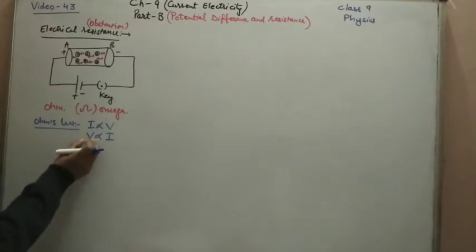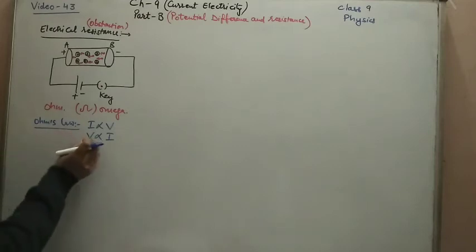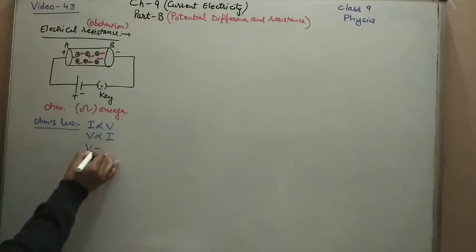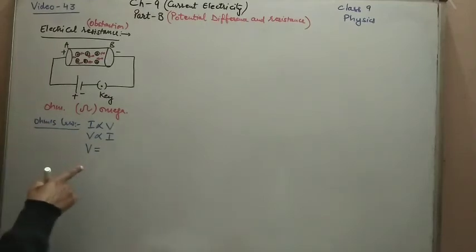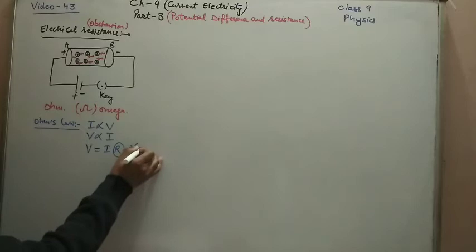It means the higher the voltage, the higher the current. One single cell will give you less current, but more voltage. Suppose a 4-cell battery will give you heavy current. And this directly proportional sign, if you replace with an equal to sign, one constant of proportionality, that is R.